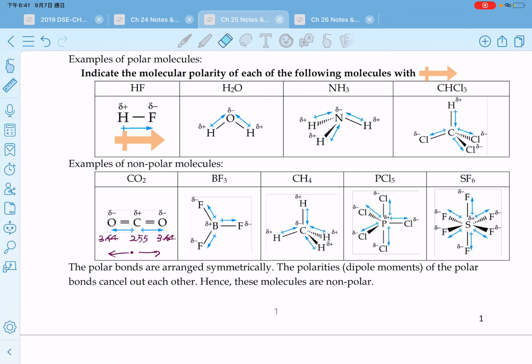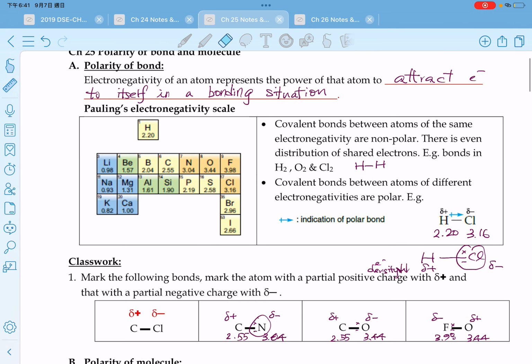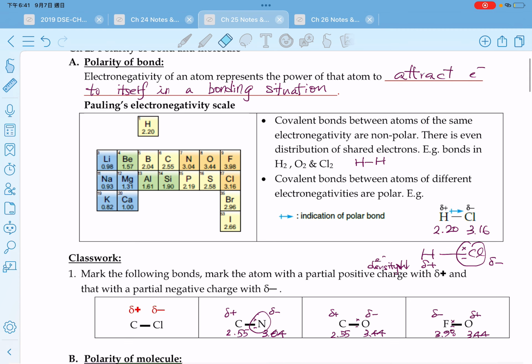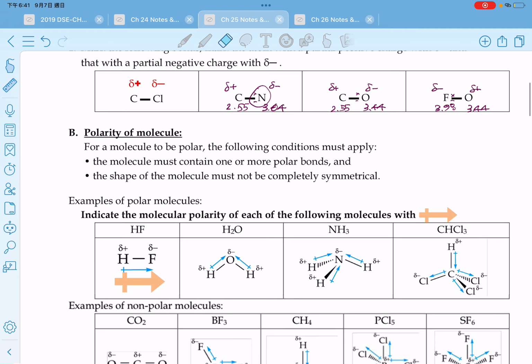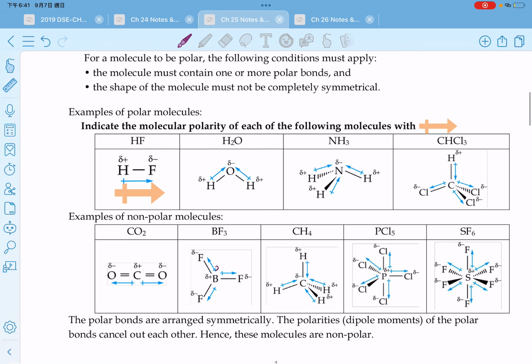It is just the same case for BF3. For B, boron, we can see that it is 2.04 while fluorine is 3.98. As a result, fluorine should draw the electrons this way, in three directions.